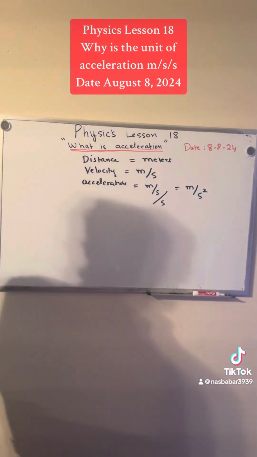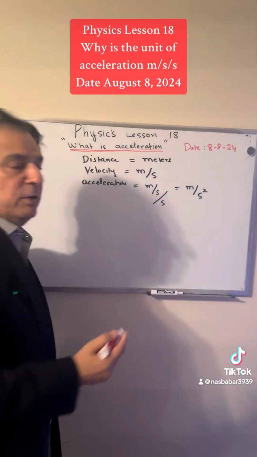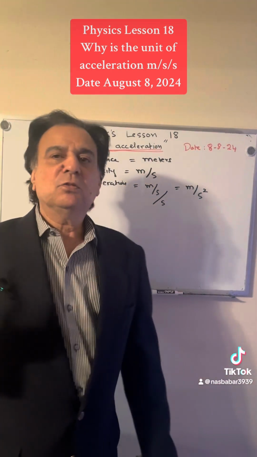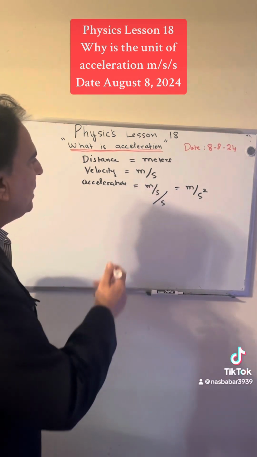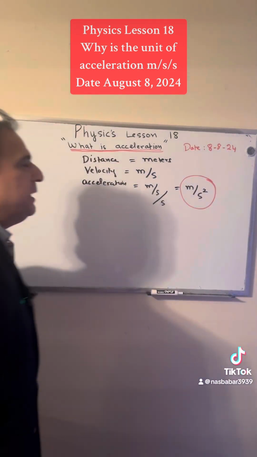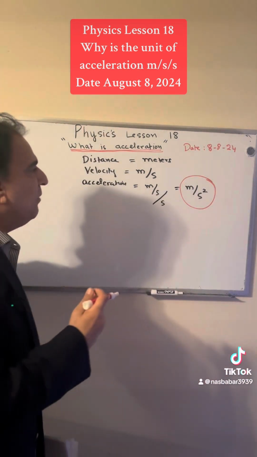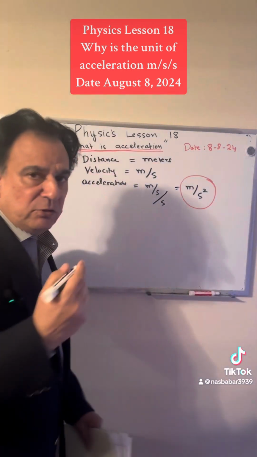Now that is a little bit odd because we've seen the unit of distance is meters, the unit of velocity is meters per second. What the heck is meters per second square? I'm going to try to explain that. Why do we have meters per second square as a unit of acceleration?